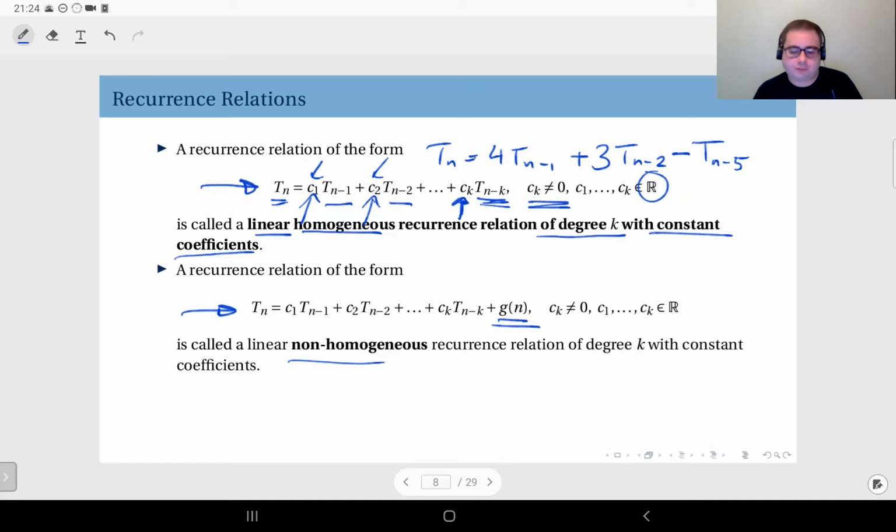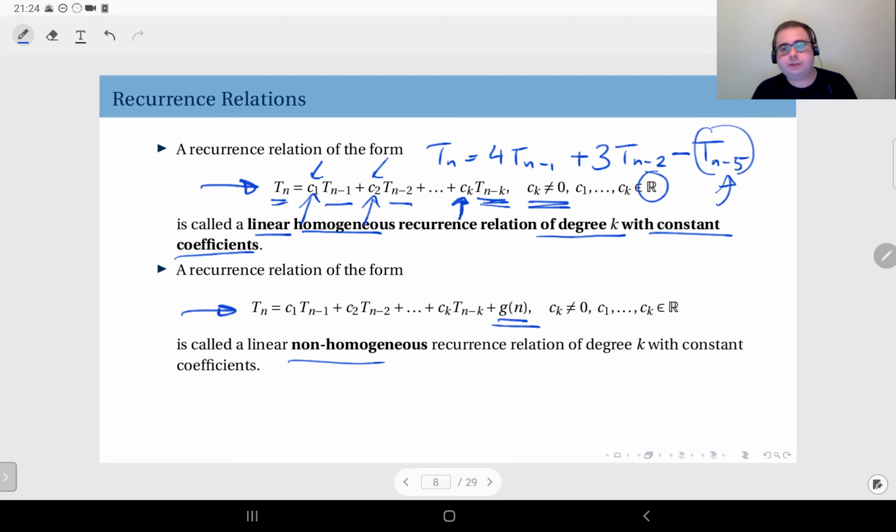Now, if you have any of the Tn's in a function, then it wouldn't be linear. If you have an additional term that doesn't depend on Tn specifically, which might depend on n, then it's not homogeneous, it's non-homogeneous in that case. And the degree refers to the largest difference between the index of Tn and the index of the other terms, which is 5 here.